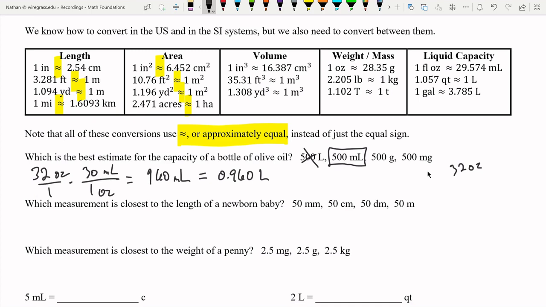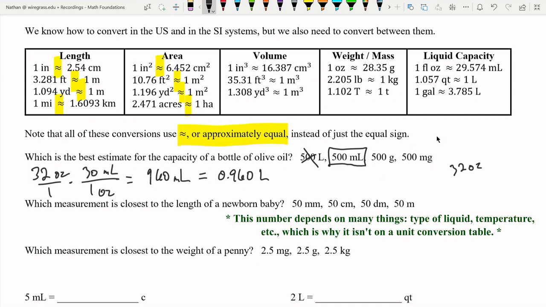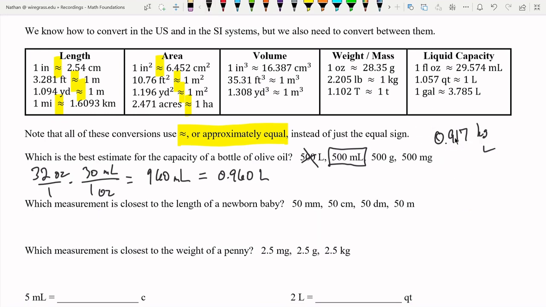So if you knew the density of olive oil, and that's going to depend upon the olive oil you're talking about, you could convert between volume and mass very easily. Looking that up, you can find that olive oil is around 0.917 kilograms per liter. That's the density of olive oil.